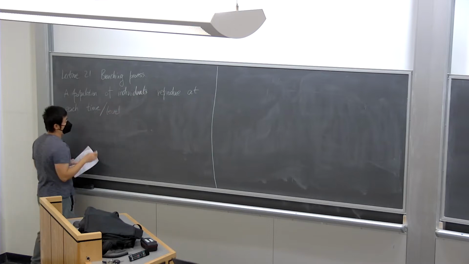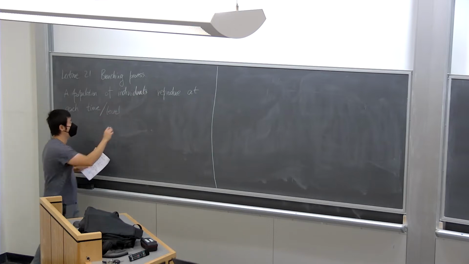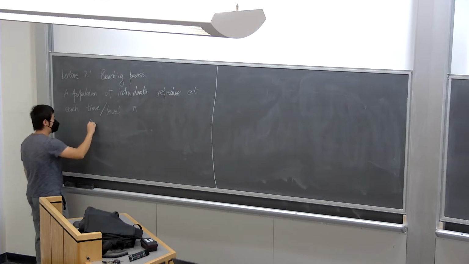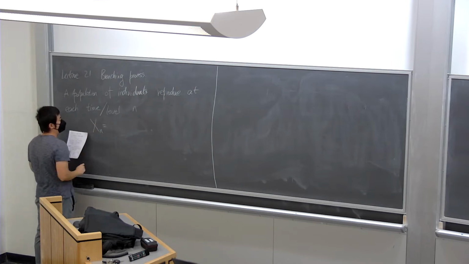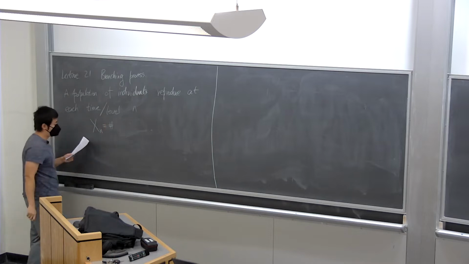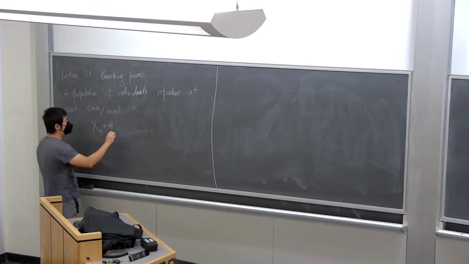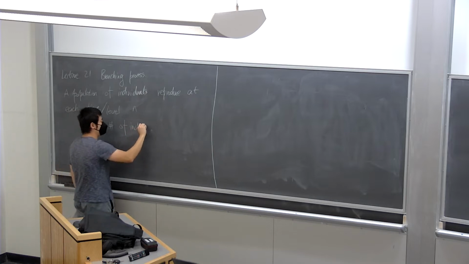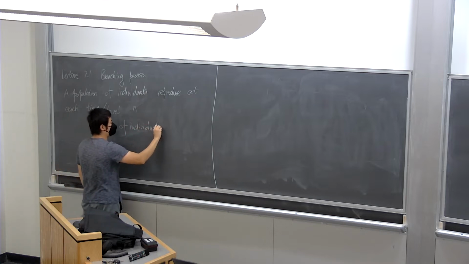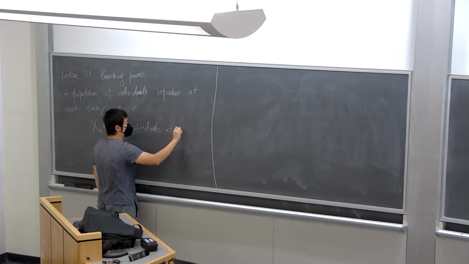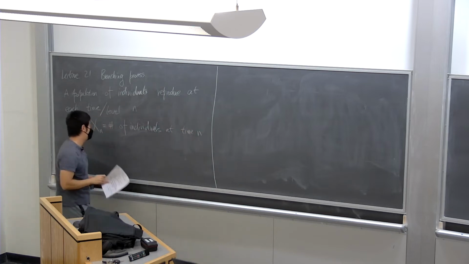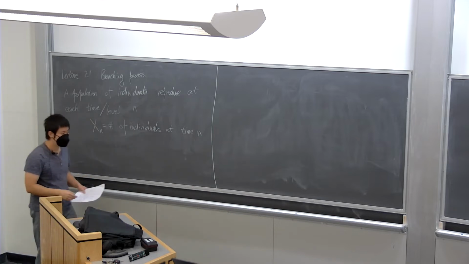When I draw the diagram, it will be clear. Each time or level n. In general, we're going to use Xn to be the number of individuals at time or level n. So that's just the notation here.